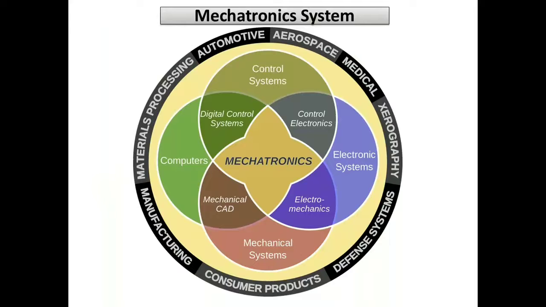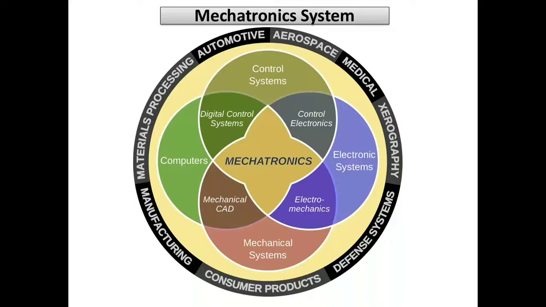So coming to the mechatronic system, we can see various departments or courses are mingled. The Venn diagram shows how other engineering fields join to give mechatronics. Here we can see the mechanical system, electronic system, and computers and control system.